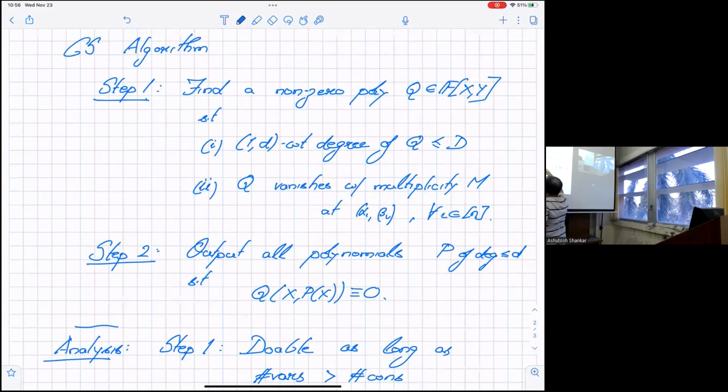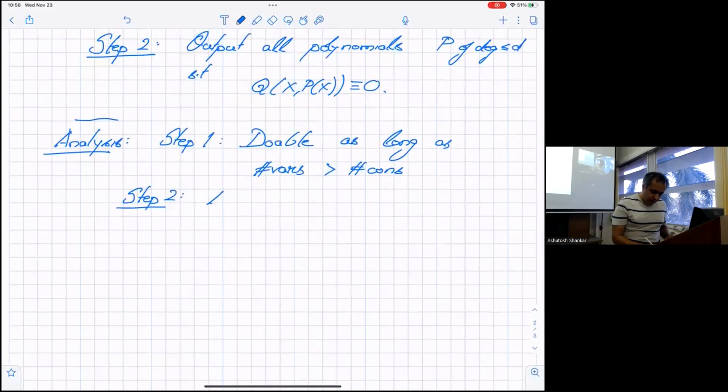Somehow I have to show that every polynomial which has significant agreement to the data does appear as this. So let P be a candidate polynomial that has agreement at least T.